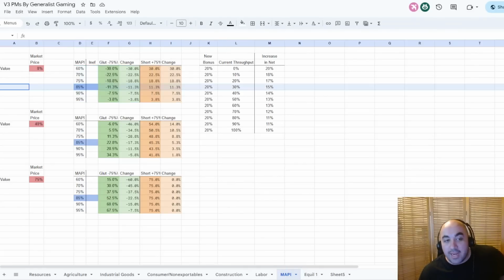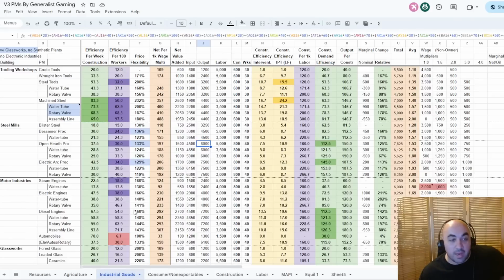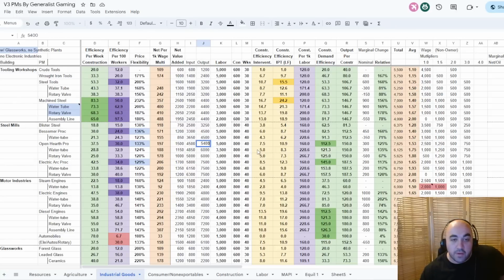Even 10% on 85% MAPI, which is a reasonable MAPI once you get some of the initial tech, this minus 10%, plus 10%: if we come back and look at the steel mills and we were to do minus 10%, and I know it says 11, but 10% is easier to do on the math, and do 5,400.